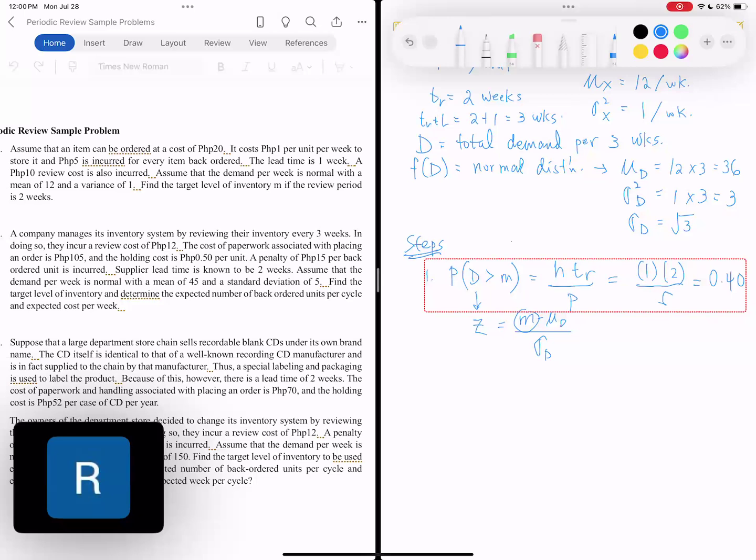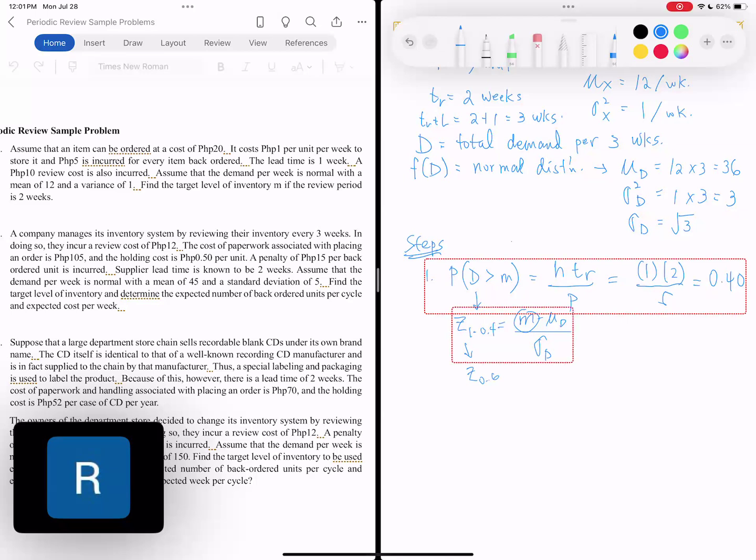That's the area to the right of the z value, but your z table will give you the area to the left. So therefore, this has to be the z value of 1 minus the critical ratio, so that is the z value with a 0.6 probability.